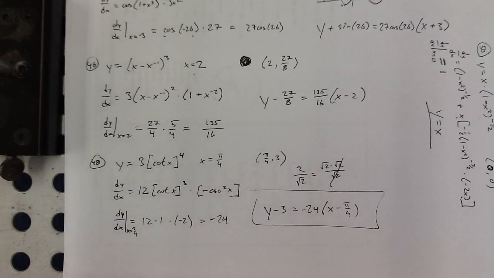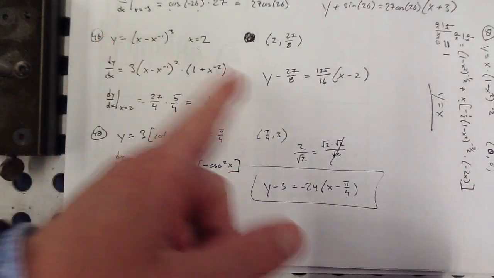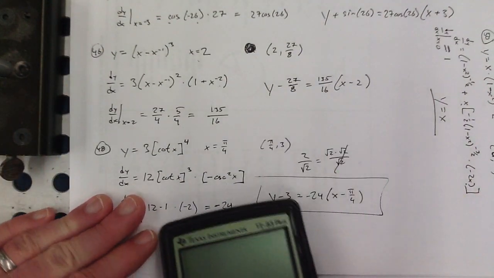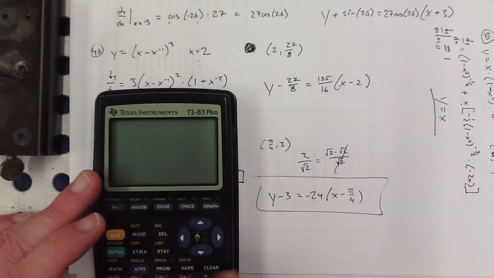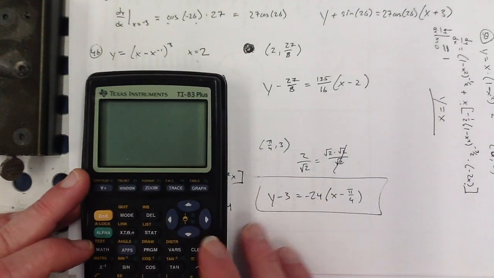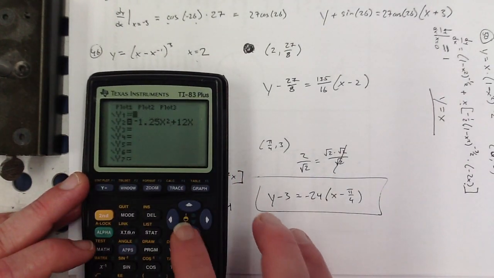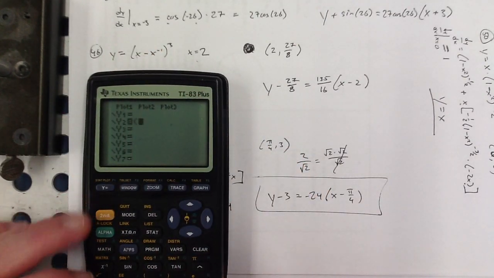I just want to show you something with a calculator that's kind of cool. A way of checking your answers. So look at 46. We got this crazy equation for this line. Not that crazy. I mean, it's got fractions in it. Whatever. So let's clear this junk out. So I'm going to go ahead and put this function in here.